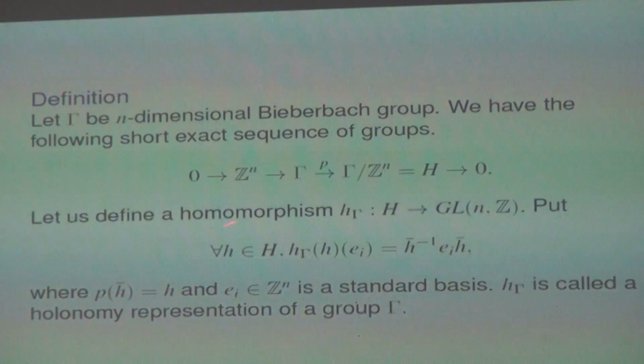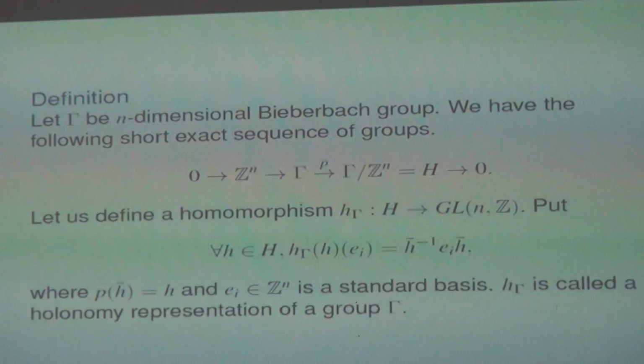This defines a homomorphism from this finite group to this group. What is important here is that we use the maximal abelian groups. Maximal abelian is equivalent to this representation being faithful. This holonomy representation is faithful.